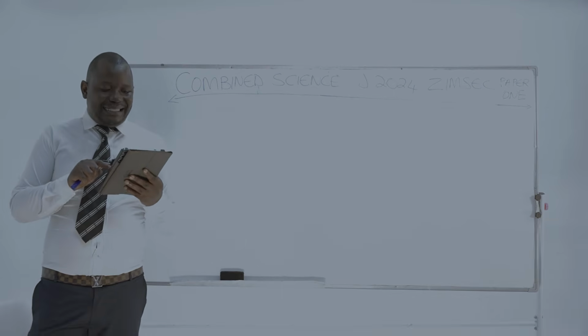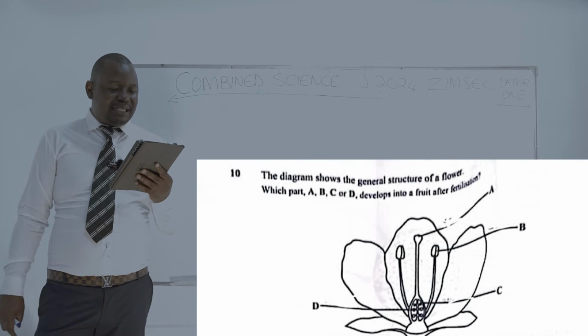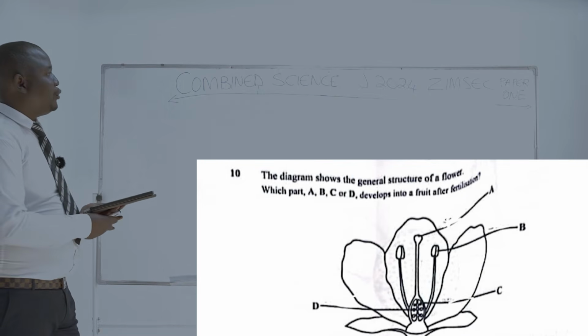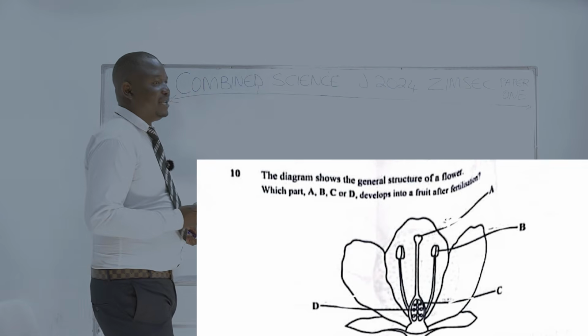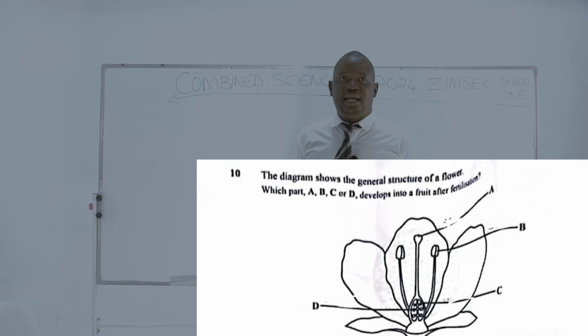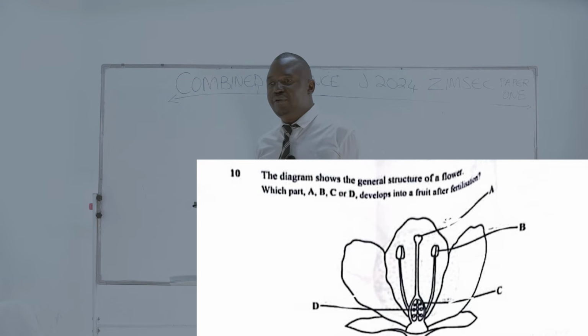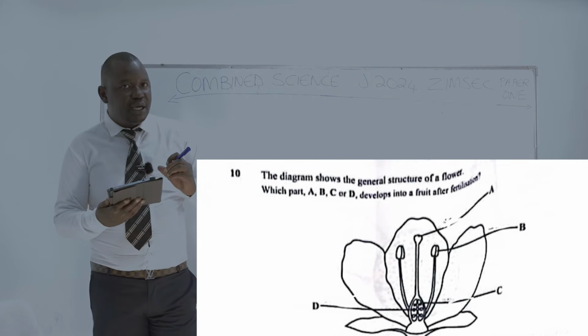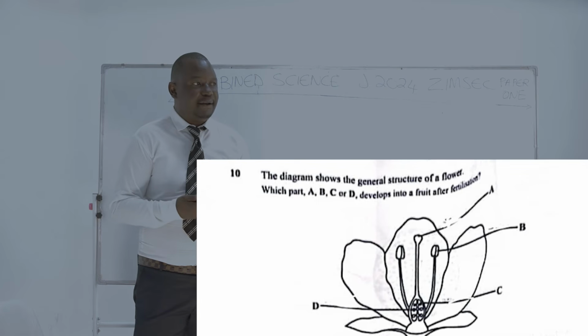Let's look at the next question, 10. The diagram shows the general structure of a flower. Right, the flower is the reproductive organ in plants. Remember, plants undergo sexual reproduction and they also undergo asexual reproduction. Sexual reproduction involves two sex cells, the gametes, which fuse during a process called fertilization.